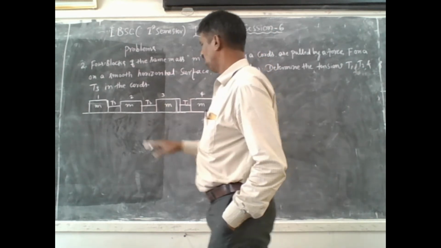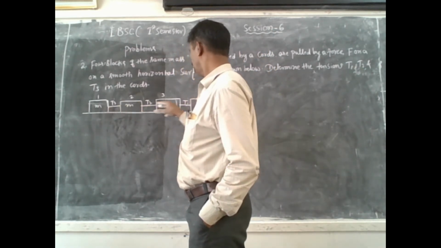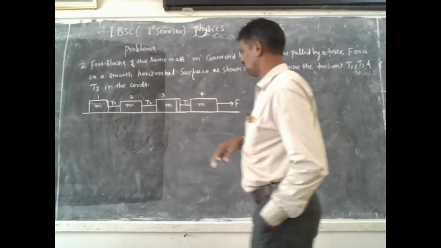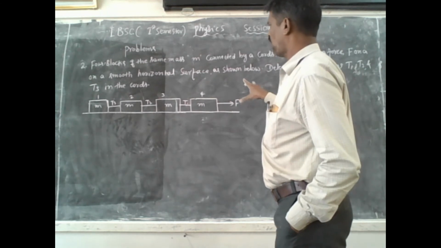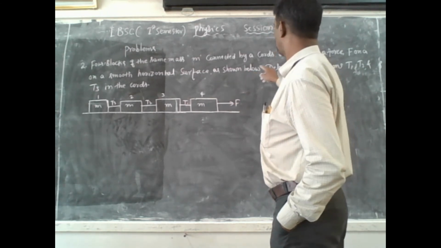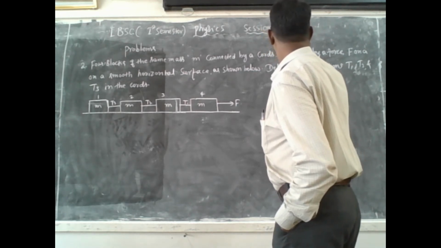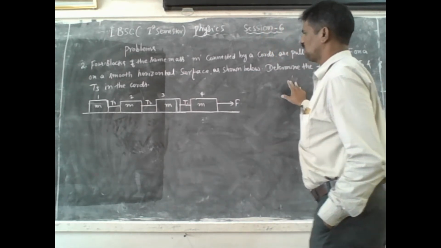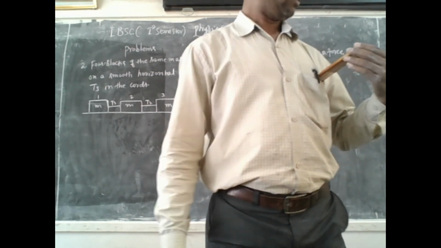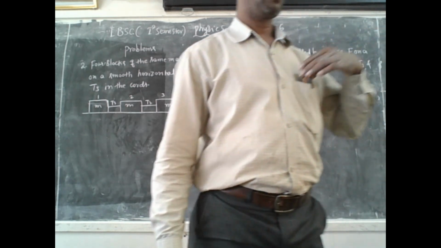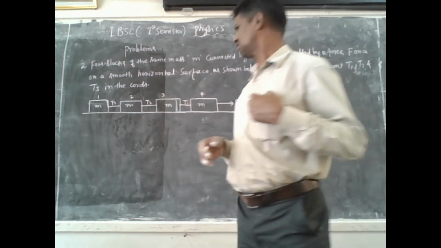T3 is tension 3, T2 is tension 2, and T1 is tension 1. For a smooth horizontal surface, there is no friction, you have to remember it.